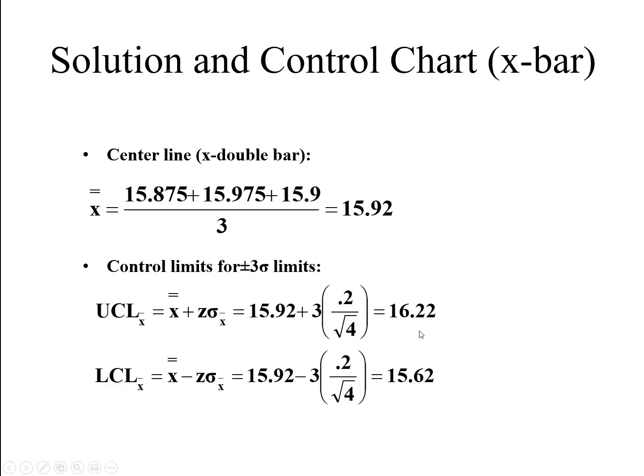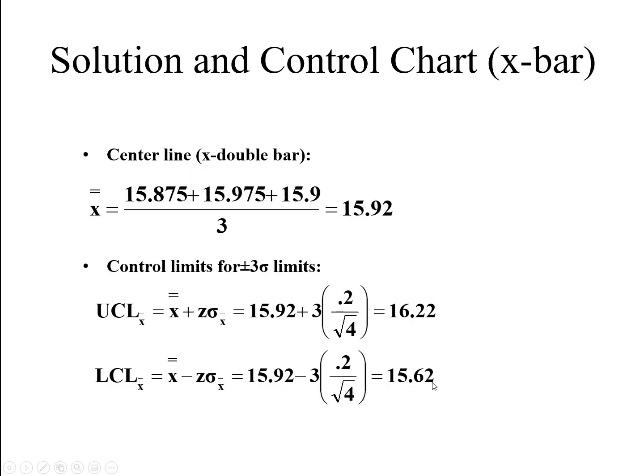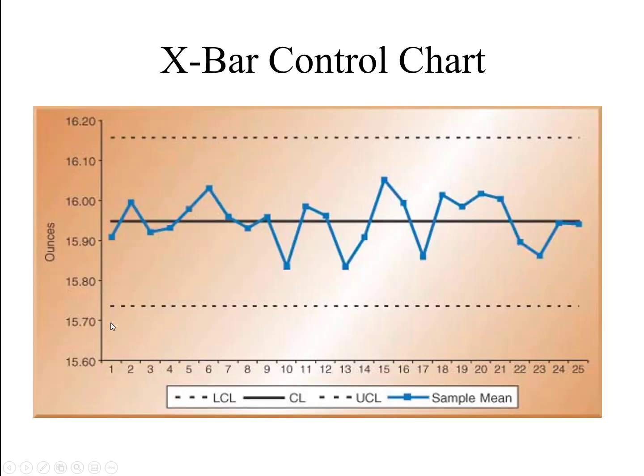So in order to decide, this is my upper control limit, 16.22, and 15.62 is my lower control limit. So 15.62 will lie at this place, and this will be 16.22.